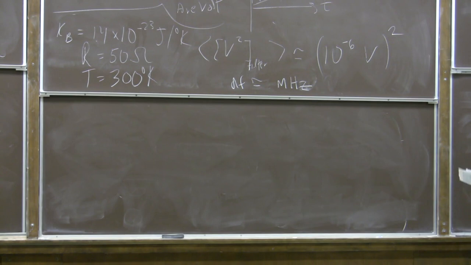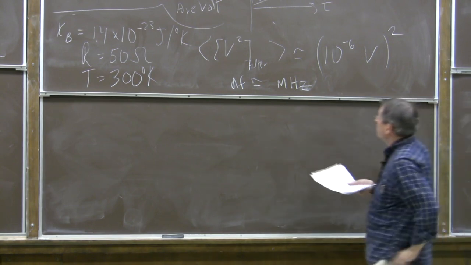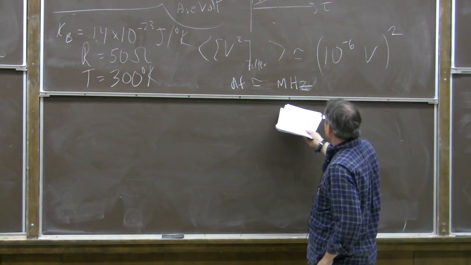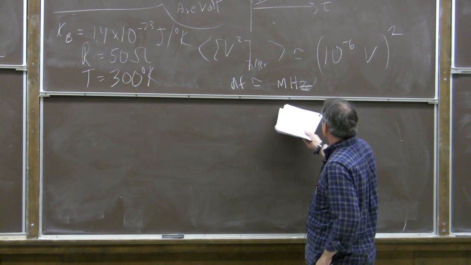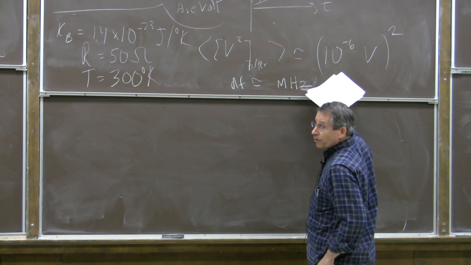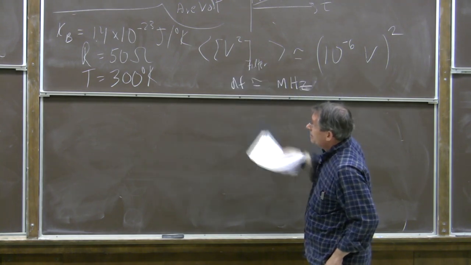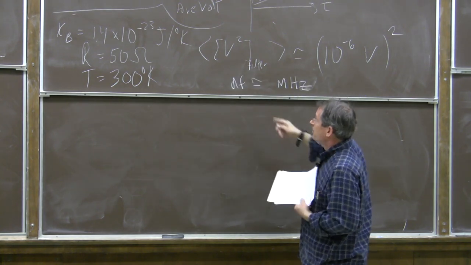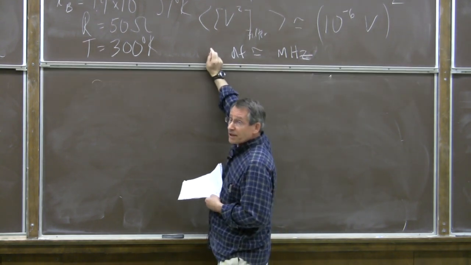And so it means I need to integrate for a time like a microsecond in order to see a microvolt signal at a temperature of 300 degrees for a circuit which has a resistance of about 50 ohms.